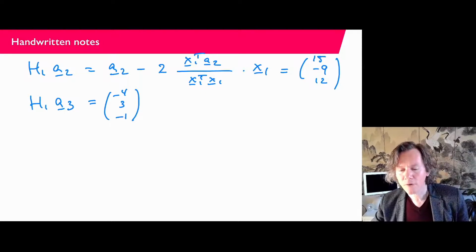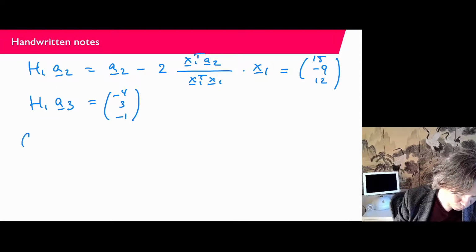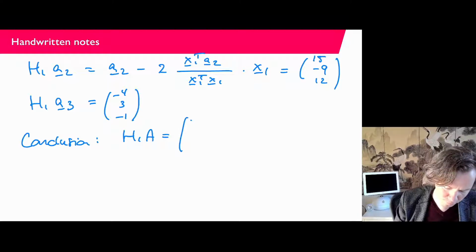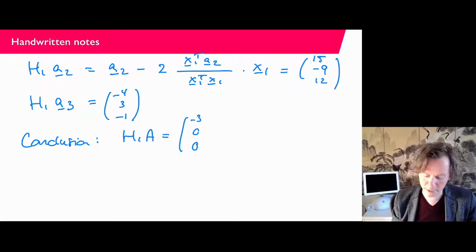So what we have found after this first step, as an in-between conclusion, is that H1 applied to A has minus 3, 0, 0 for the first column. So that was our goal. We wanted to create zeros below the diagonal.